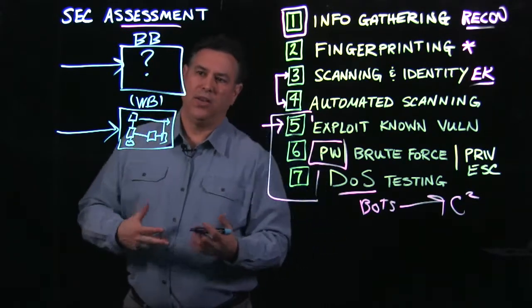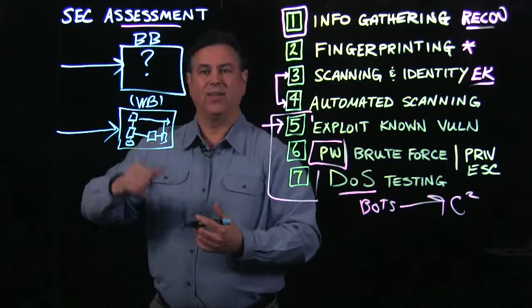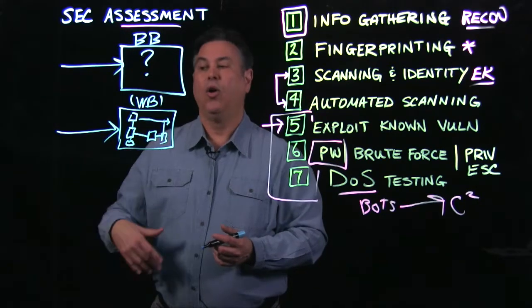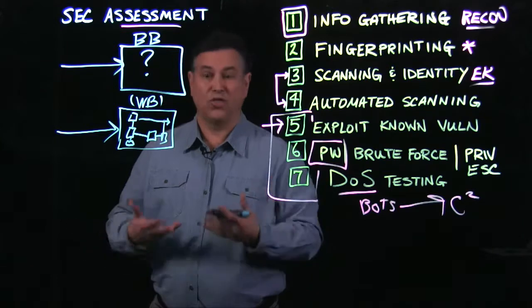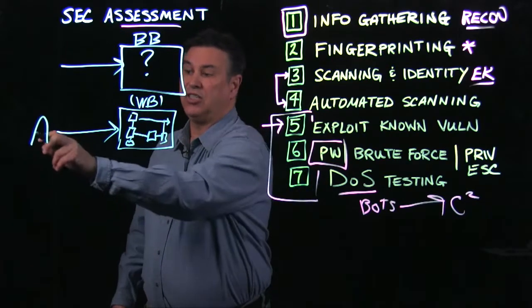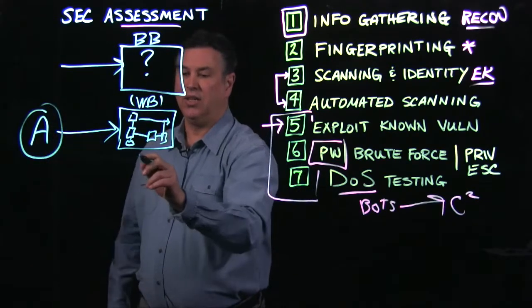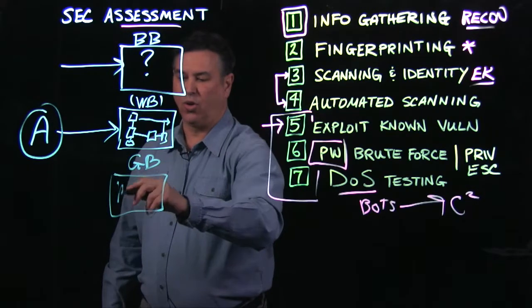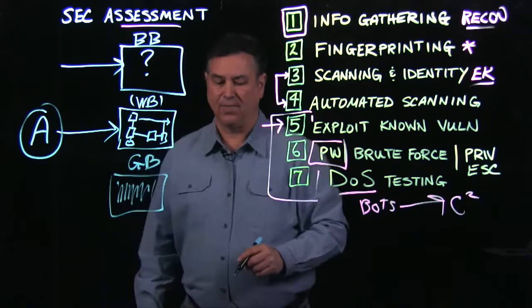Now, there is something in between, where we either give that auditor limited knowledge or just because of circumstances, the auditor simply has limited knowledge. And that would be gray box. So it's a gray area, gray box testing.